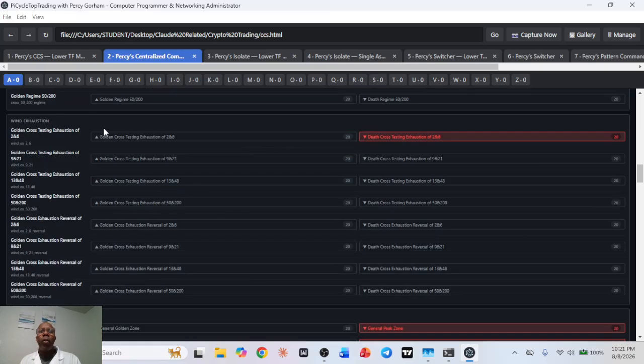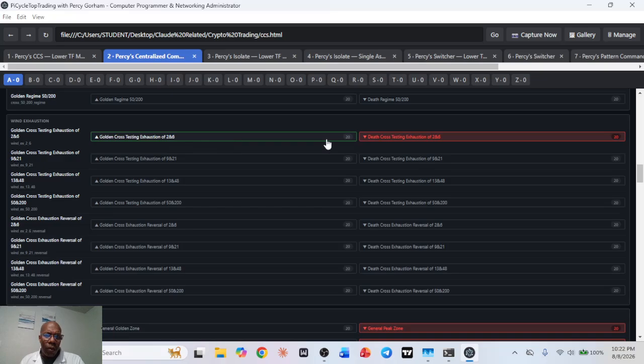When a golden cross is exhausting itself, the golden cross falls. And when the death cross is exhausting itself, the death cross rises. Golden cross is upward momentum and then it fades. Death cross is downward momentum and it fades. Sometimes you have downward momentum and you have an exhaustion, but it reverses. So the computer will pick that out too.